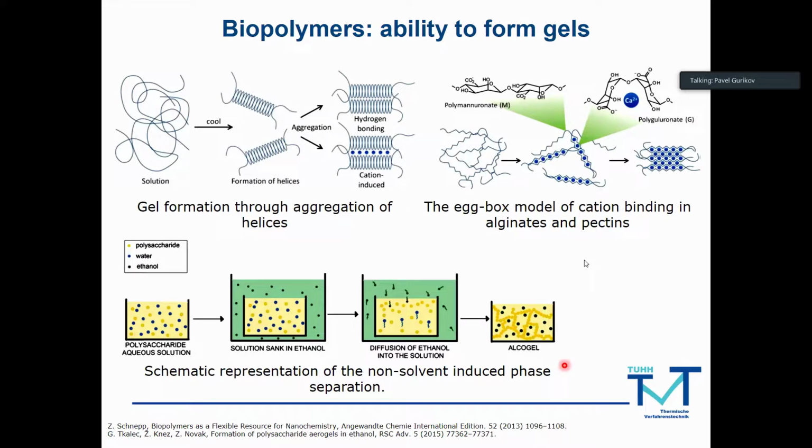So biopolymers are very common. When you eat a very viscous yogurt, it's not because it's a very high quality yogurt. Often high quality yogurt is quite fluid, but it's just consumer expectations that the higher the quality of yogurt, the more viscous it should be.